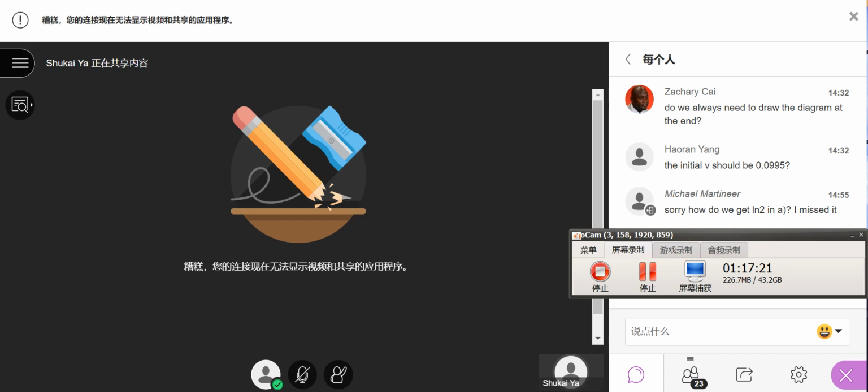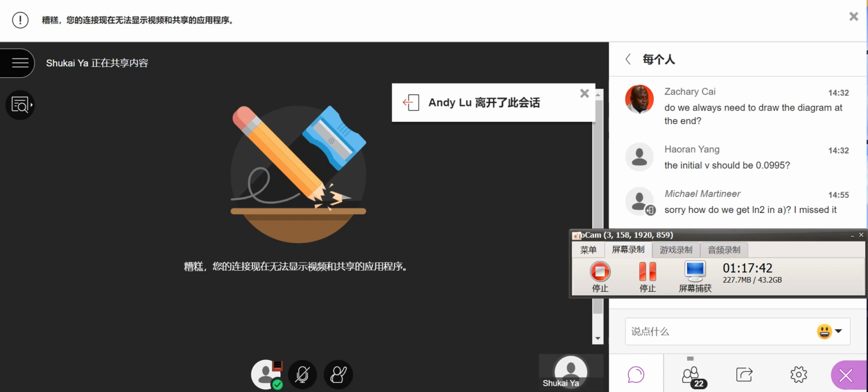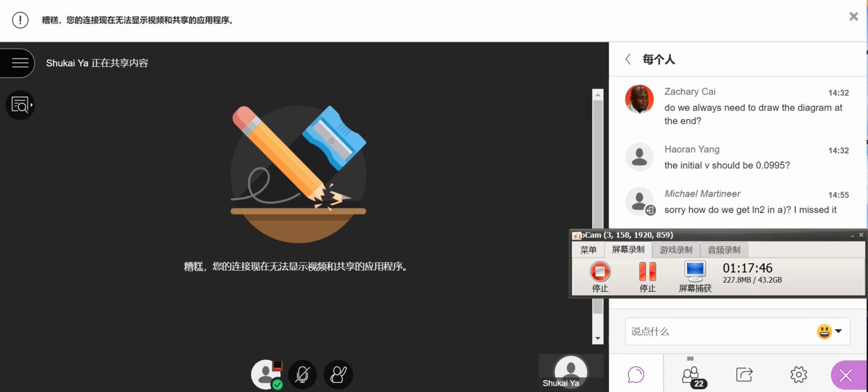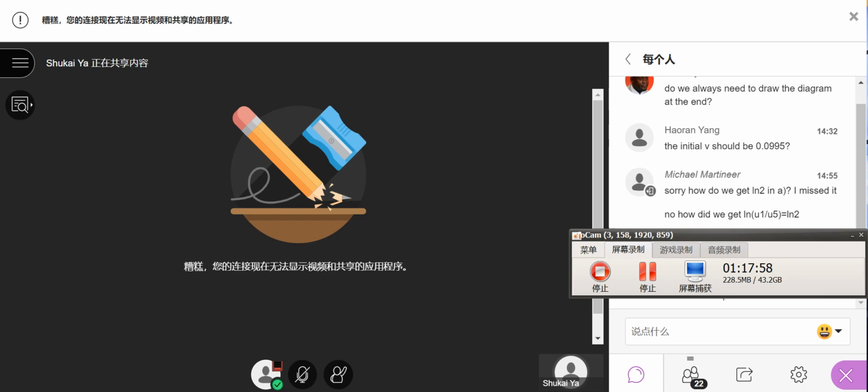Any question? Can you show the solution for task 1, another example?